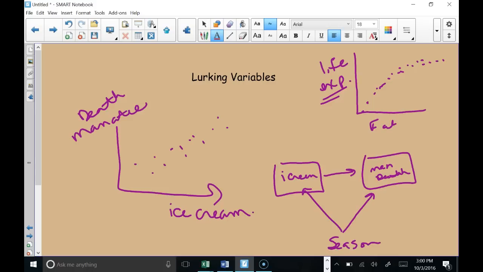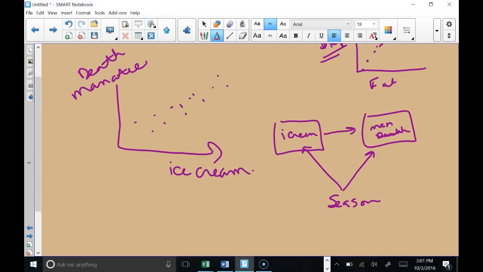In the summer, more people eat ice cream, and there's more boats out, so there's more manatees that die. In the winter, less people eat ice cream, less boats out, less manatees die. So just because we see an association doesn't mean that one causes the other. So we always have to be careful of what we call lurking variables, like our example here of season.